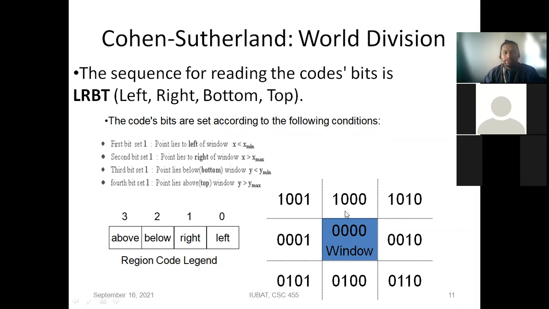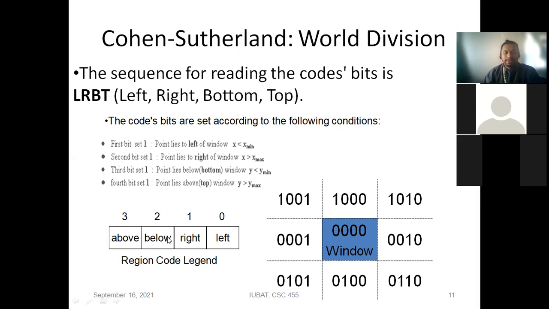So for this window, if you consider the left position, it is the 0 position where I'll take the bit. It was 0000, now I have 0001 in the left position. In the right position, it's the 1 position, so 0010.